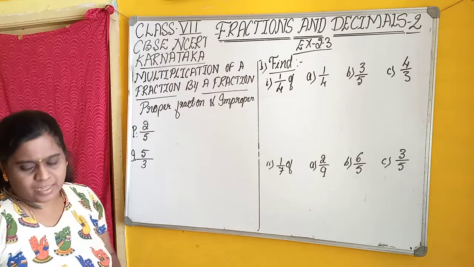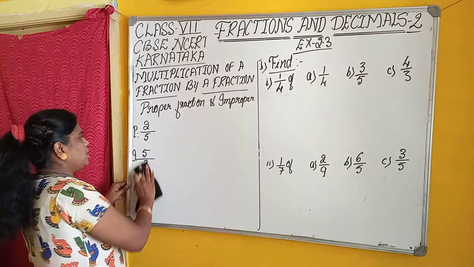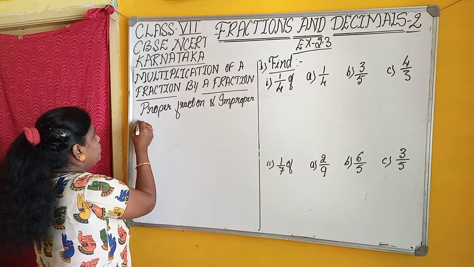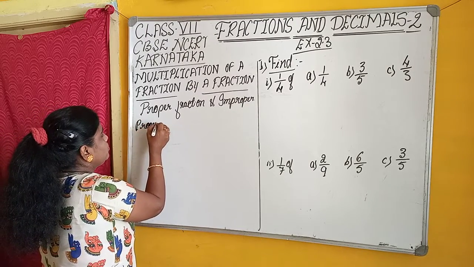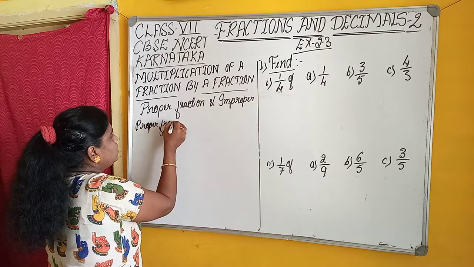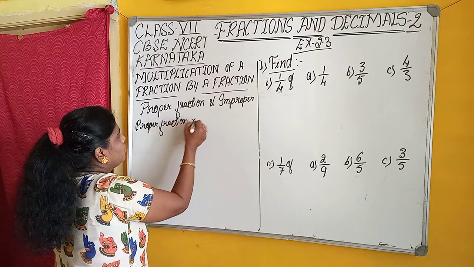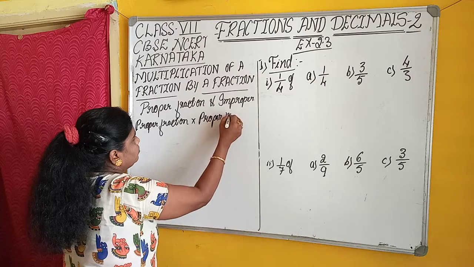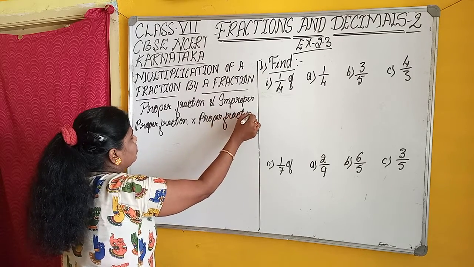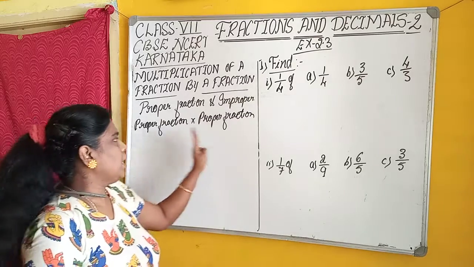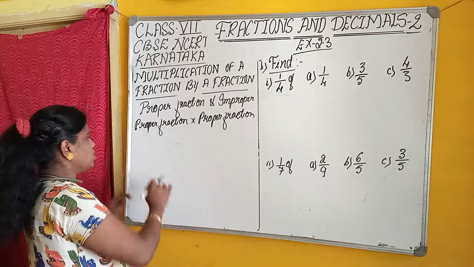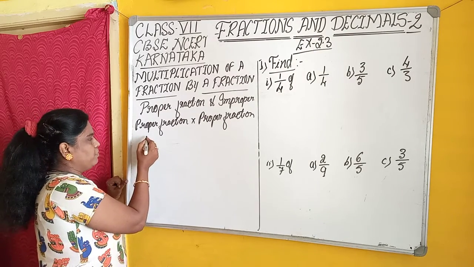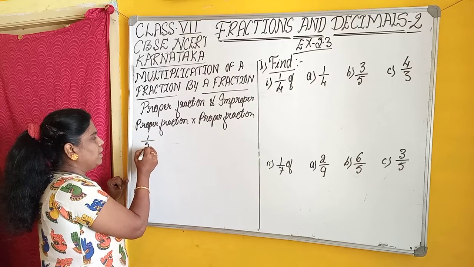Let us study what happens when a proper fraction is multiplied by another proper fraction. Here, let us give an example for a proper fraction: 1 by 5.